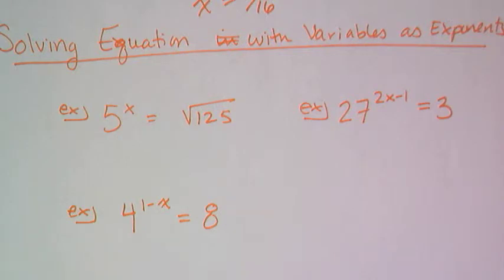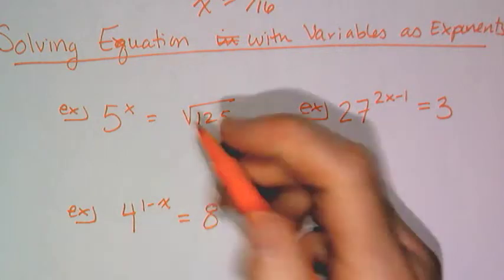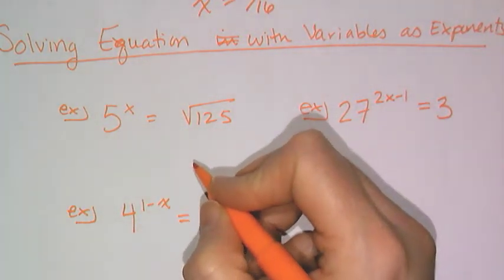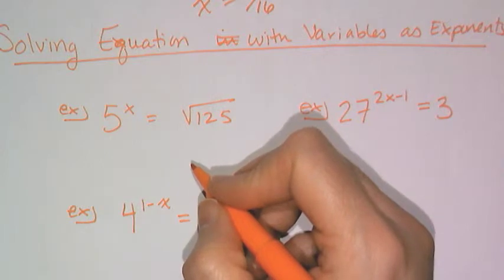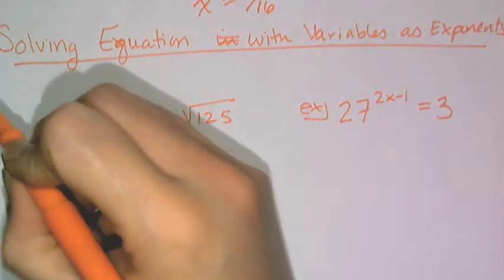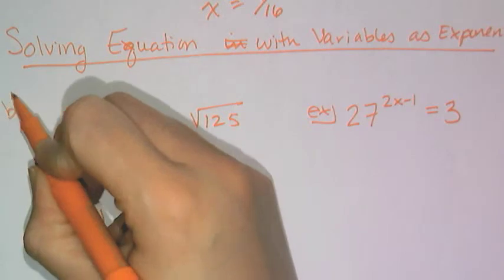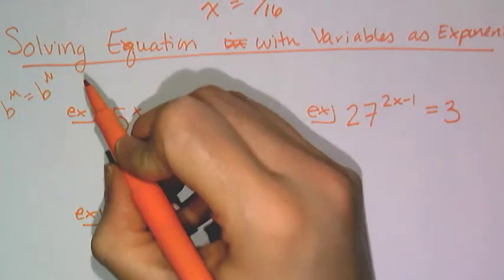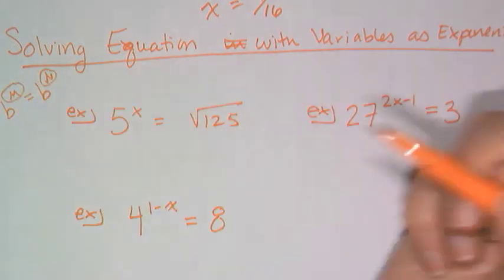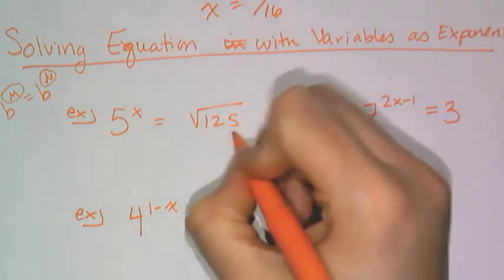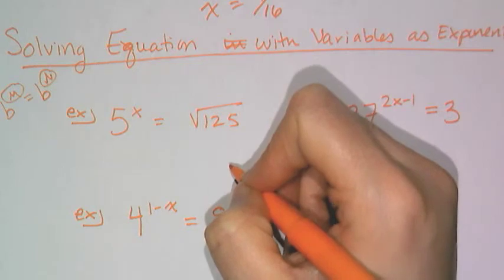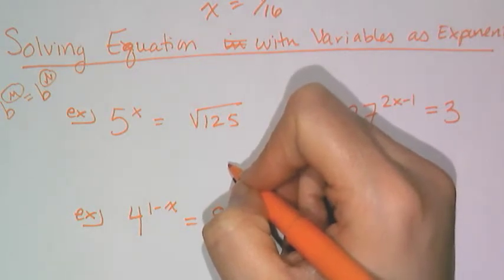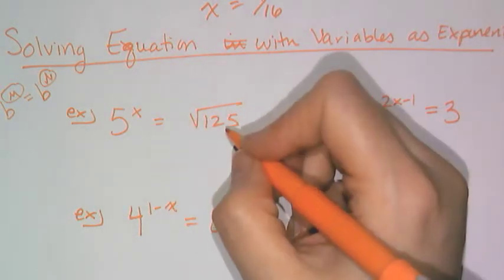And so the technique for that is to get the same base on both sides, because we have this property of exponents called the uniqueness property that says if I have some base to some exponent equaling the same base to another exponent, then those two exponents have to be equal. And so if I can get the square root of 125 to be base 5, then I can just compare exponents.